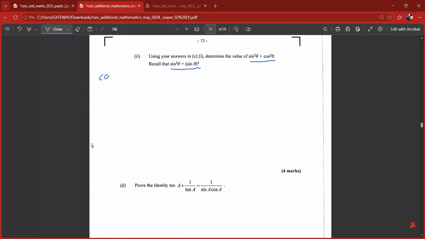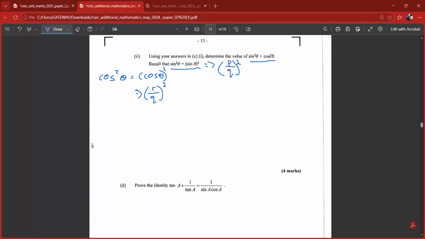So cosine squared theta would be equal to cosine theta in brackets squared. So to find sine squared theta, you're going to basically square the p all over q, and to find cosine squared theta, you're basically going to square r over q.